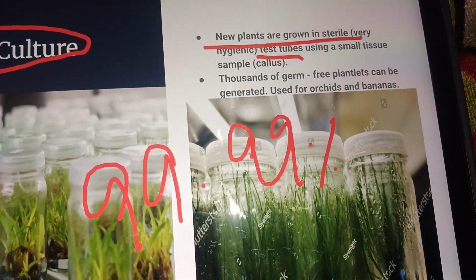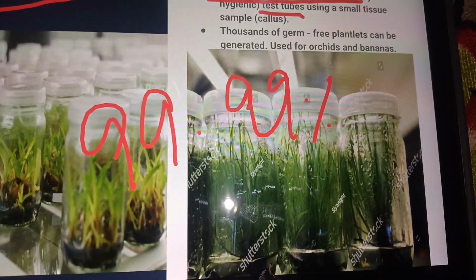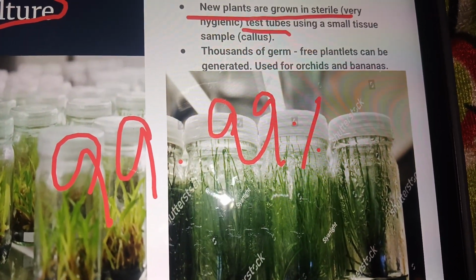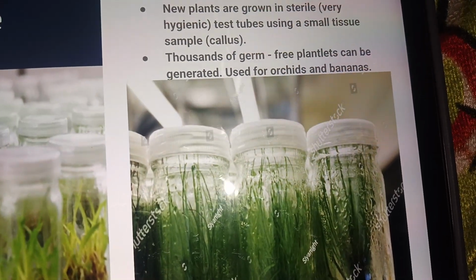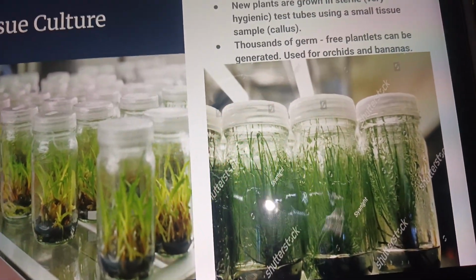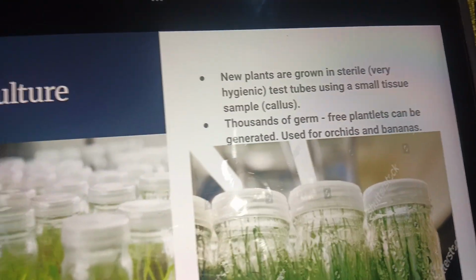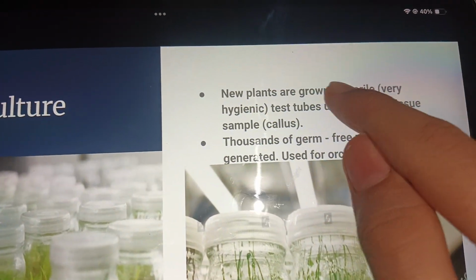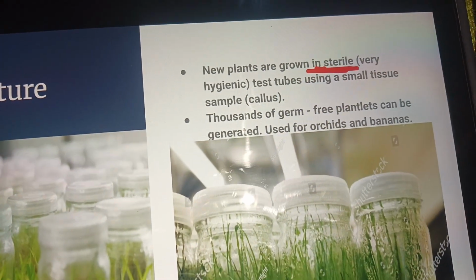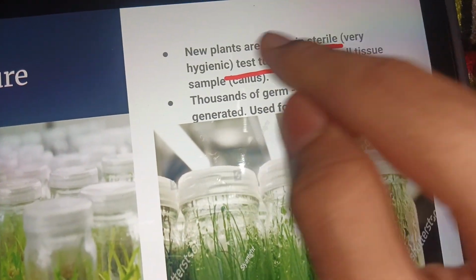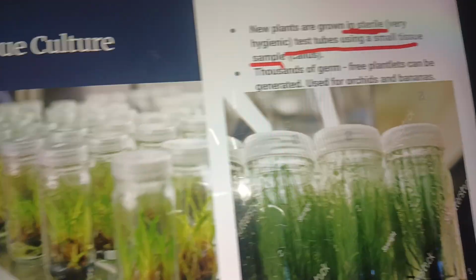It is 99.99% clean because, like, even dust, and soil is also a type of dirt only. Therefore, it is 99.99%. Is that clear? New plants are grown in sterile, very hygienic test tubes using a small tissue sample that is known as callus.